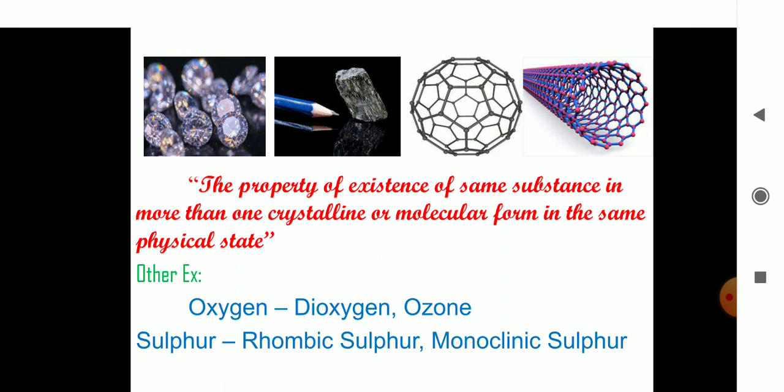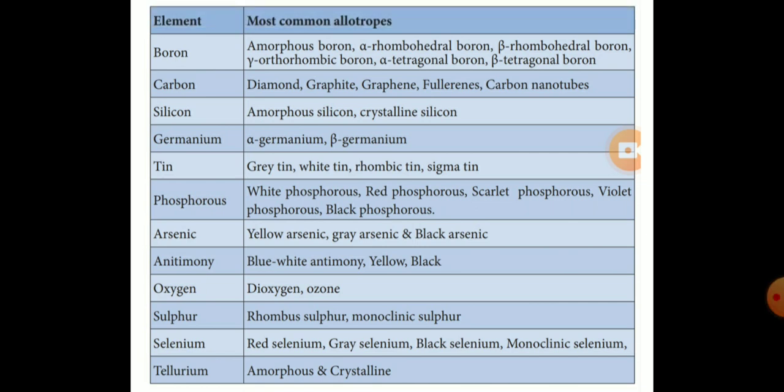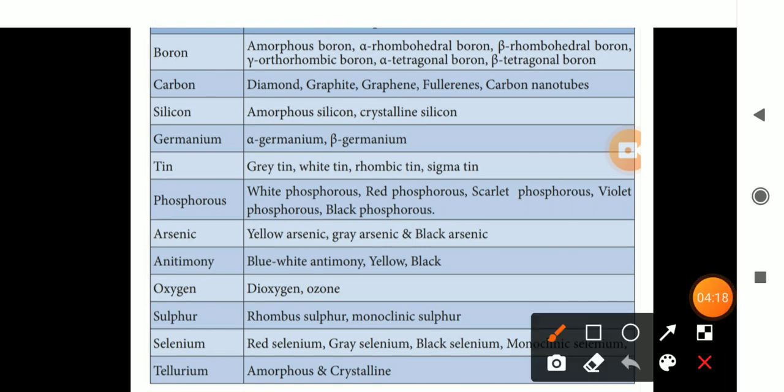Then in the next slide, I have placed the allotropes of various elements. Look here. First, boron. Boron exists in amorphous boron, alpha rhombohedral, beta rhombohedral, gamma rhombic boron, alpha tetragonal boron, and beta tetragonal boron. Then for carbon, the allotropes are diamond, graphite, graphene, fullerene and carbon nanotube.